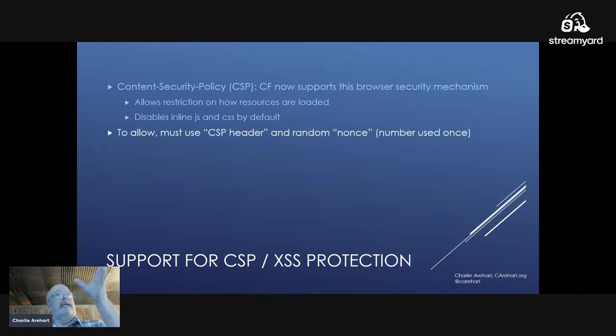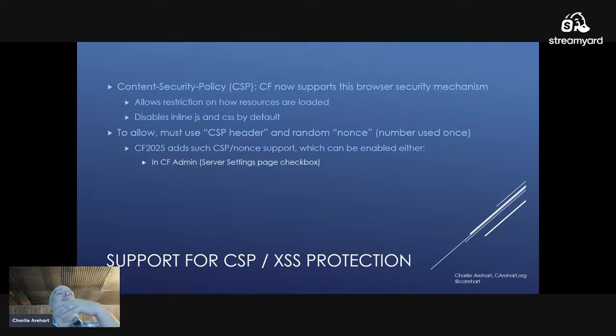So to enable that protection, you have to cause a CSP header to be generated, and then you'll want to use what's called a nonce, a number used once. CF has capabilities now to do that creation of the header automatically for you, and then a function that gives you the nonce to use in your code. Okay, so that can be done at the admin level in the server settings page.